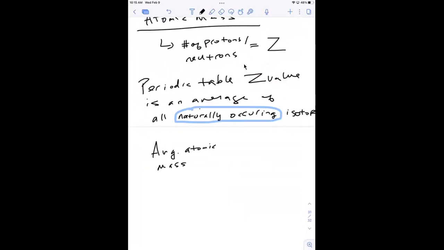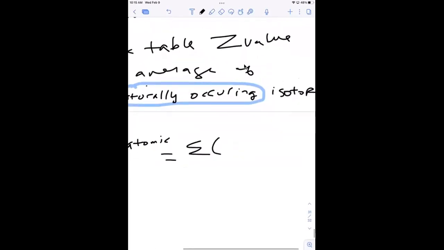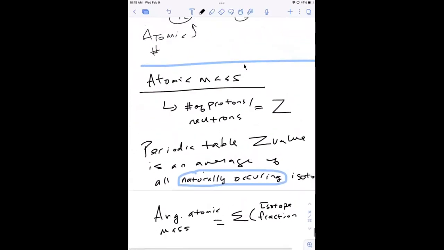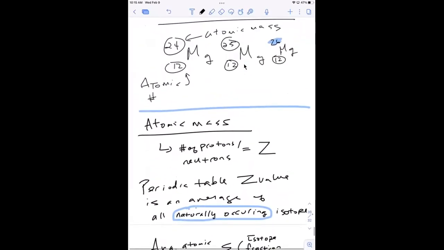Right, and there's a way to calculate that. It is the sum of the isotope fraction. In other words, what percentage of this element is this isotope? Like if we go back over here to magnesium, they all exist in different percentages, right?